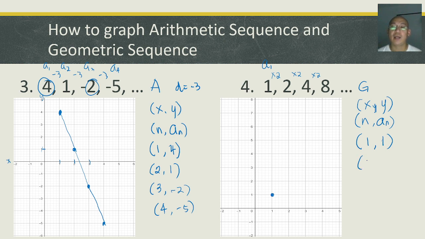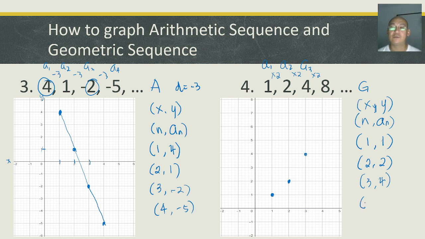If your n is 2, we have the a sub 2 of 2. And where is that? Here. If we have n of 3, we have a sub 3, and that is 4. And this is the one.